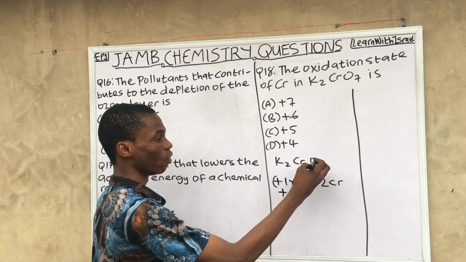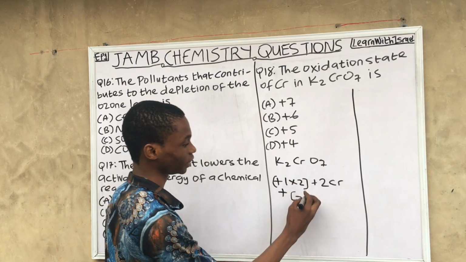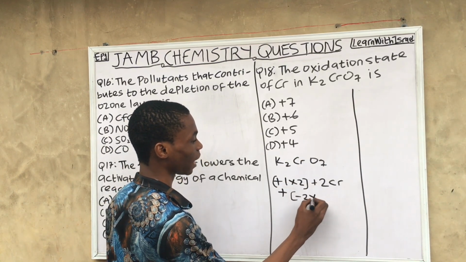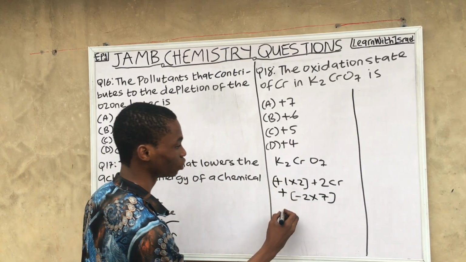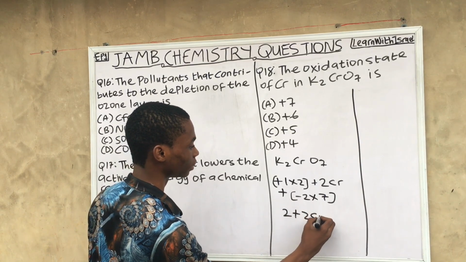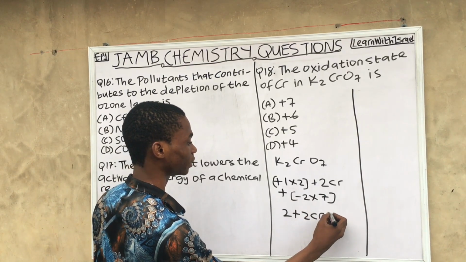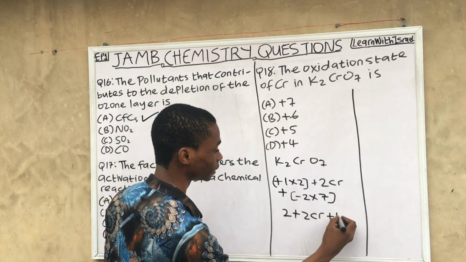Our O has an oxidation state of -2, multiplied by this 7. So +1 times 2 is 2, plus 2Cr, plus -2 times 7, which is -14.